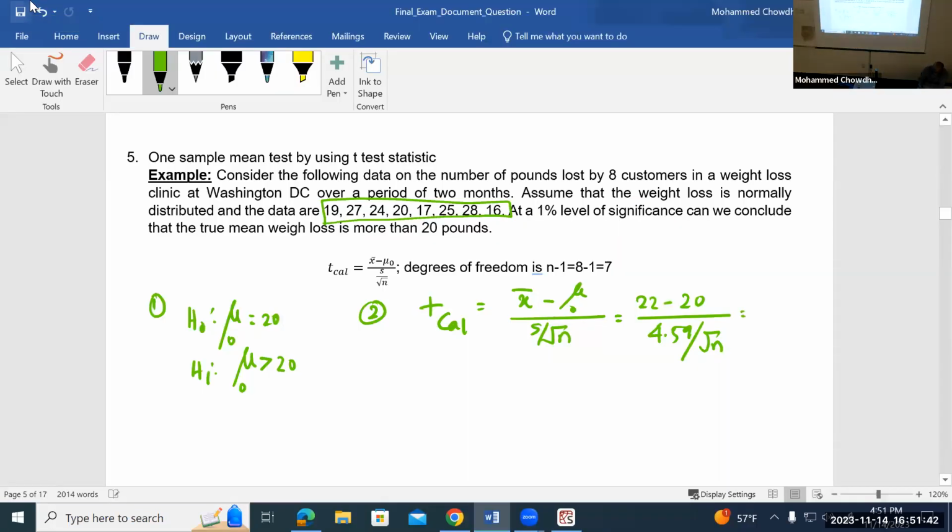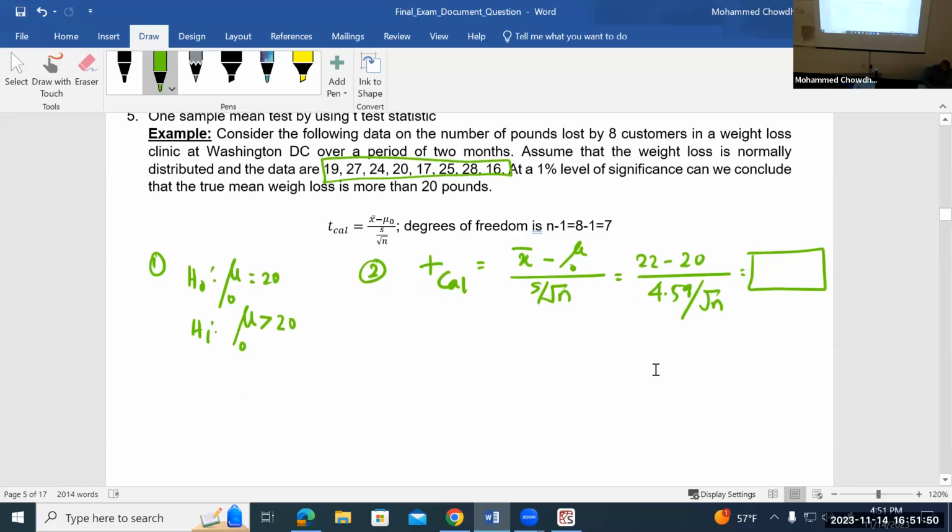So could you tell me what this value is then? Twenty-two minus 20 over 4.59 over square root of n, and n equal to 8.